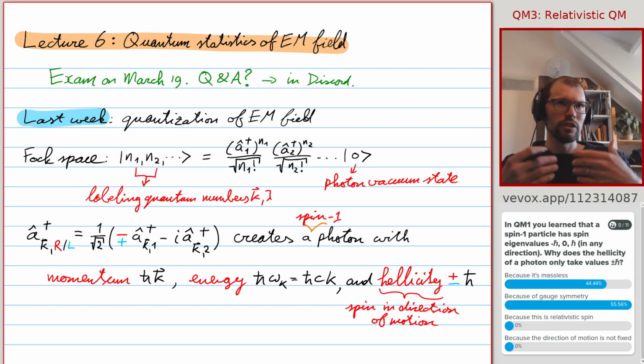And we used this divergence of the vector potential equal to 0 to eliminate the 0 helicity state. Or to put it differently, if any contribution in the direction of 0 helicity, you can gauge it away, because it corresponds to the polarization being directed in the direction of motion.